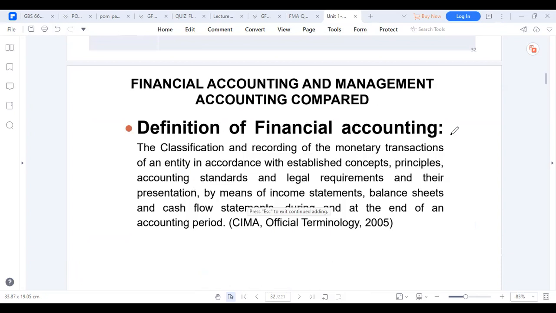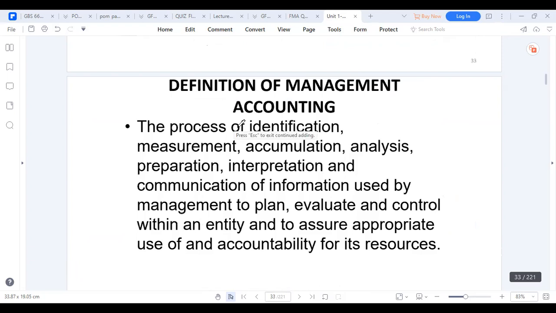So we've already defined financial accounting according to FMA terminology. We also have what we call management accounting, which is simply a process of identifying, measuring, accumulating, analyzing, preparing, interpreting, and communicating information used by management to plan, evaluate, and control within an entity so as to ensure appropriate use of and accountability for its resources.